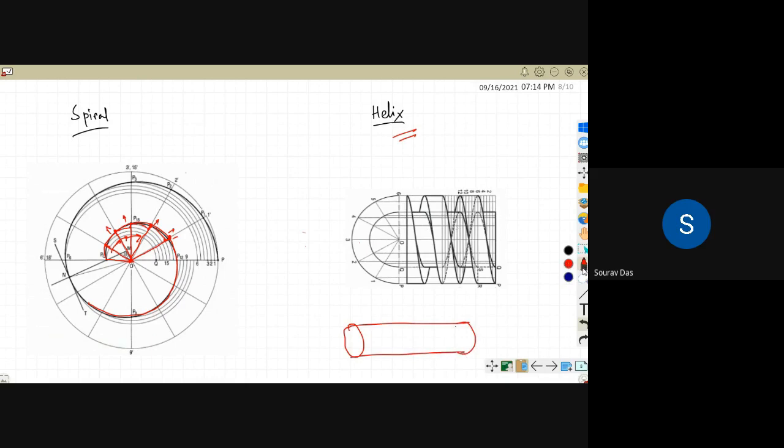If a point is moving on the surface of the right circular cone, it will form a helix. Similarly, if a point is moving on the surface of a right circular cylinder, this will form a helix. That means if there is a cylinder and a point moving around the surface, that will form a helix.